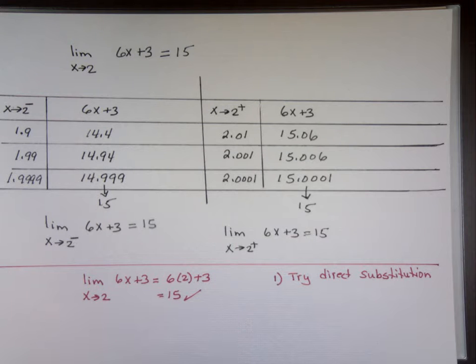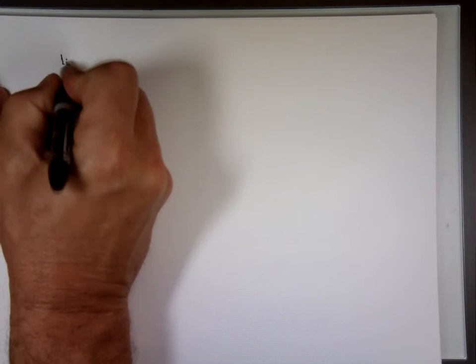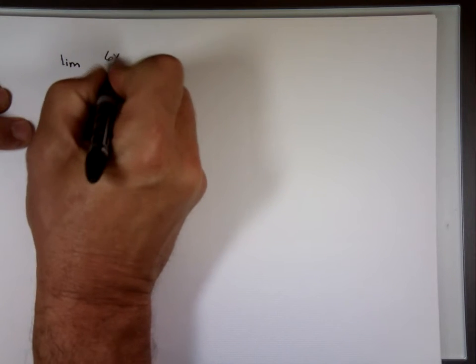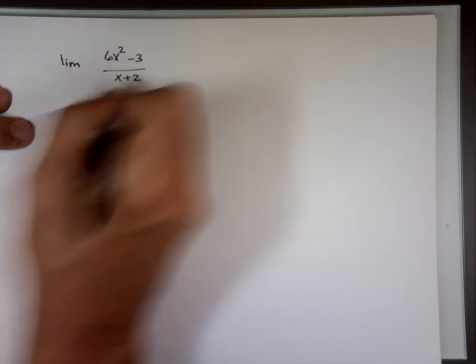Let me try another one. Yes? Does it have to be a whole number? Nope, could be any number. So I'll try one with decimal. Find the limit. 6x squared minus 3 divided by x plus 2 as x approaches 1.4.